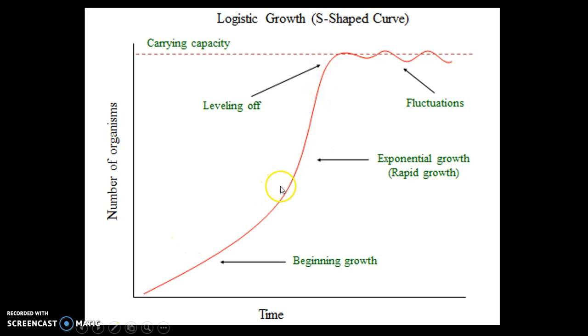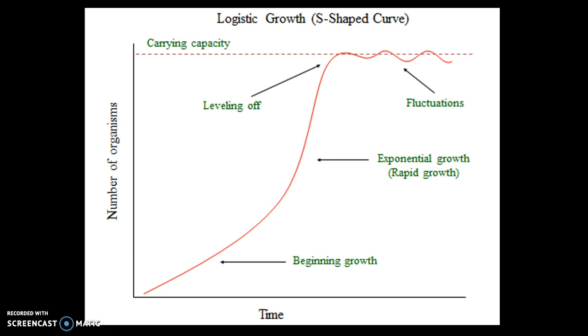But what happens is as that exponential growth is happening, you're going to reach a point where the environment cannot support any more individuals. This is called the carrying capacity, okay? And then what's going to happen to the population at the carrying capacity is usually it's going to go over the carrying capacity a little bit.